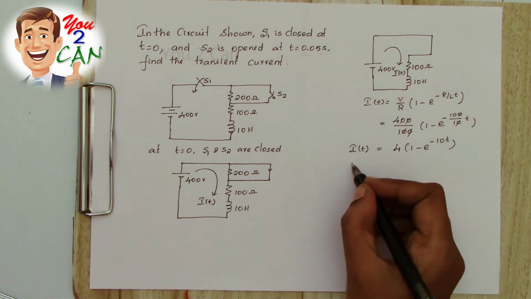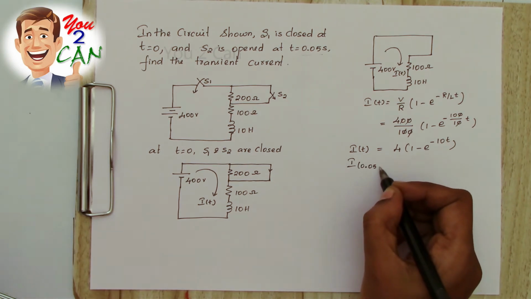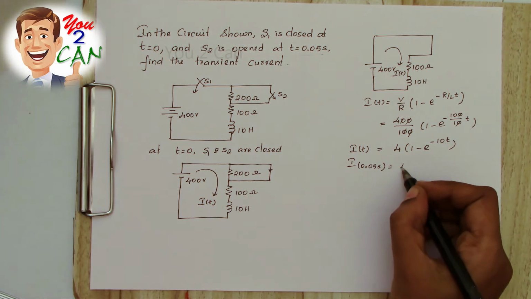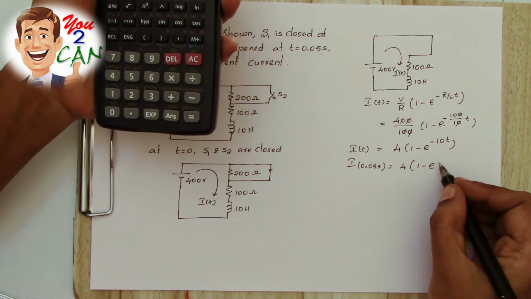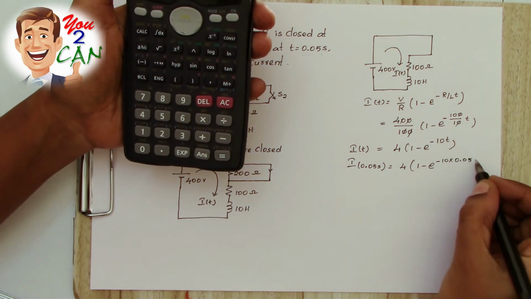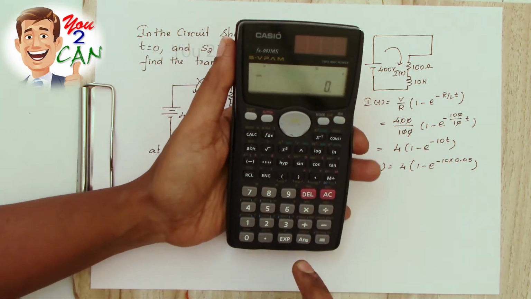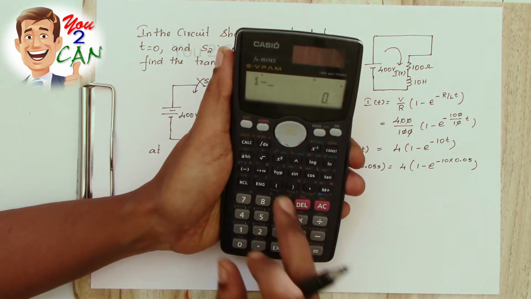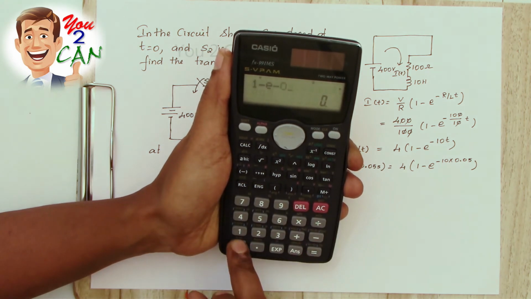So you have to find the current at 0.05 seconds. So 4 into 1 minus e power minus 10 into 0.05, so 1 minus e power minus 0.5.